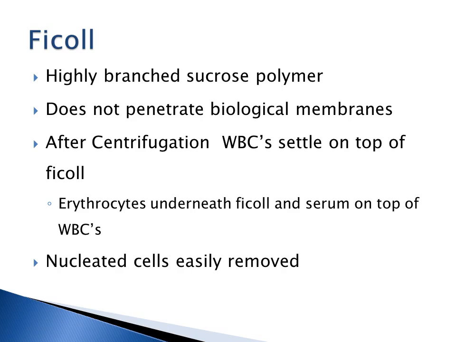Once you centrifuge it, the white blood cells are going to settle right on top of the Ficoll layer. Your red blood cells are going to be underneath the Ficoll layer, and the serum is going to be right on top of the white blood cells. So you can easily remove your white blood cell layer from this gradient, and then from the white blood cell only layer, you can then do your extraction techniques.